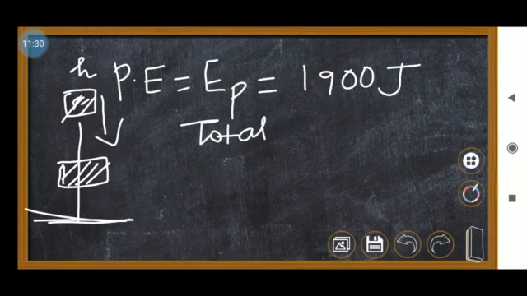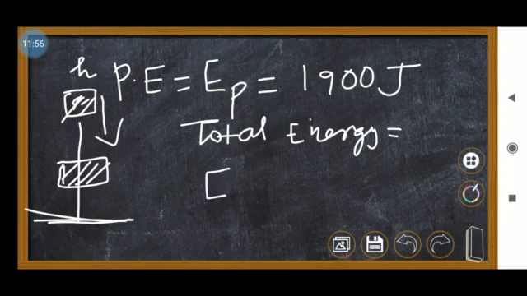Total energy means mechanical energy, which is kinetic energy plus potential energy, and if you add both, that is constant. I said this in my last class. Now when the object is halfway down, the potential energy is half. So what happened to the kinetic energy? How much energy is there halfway down?